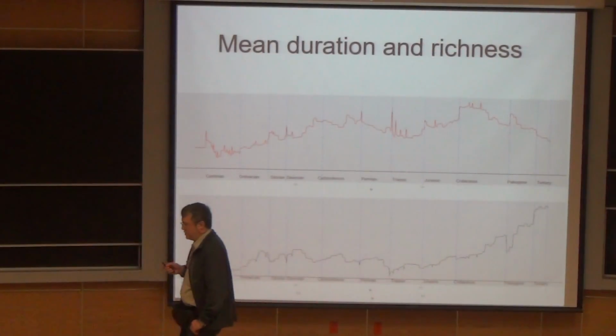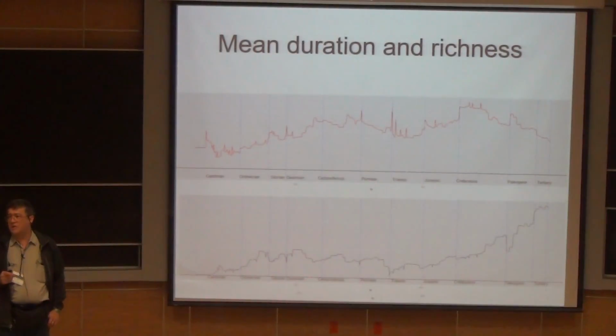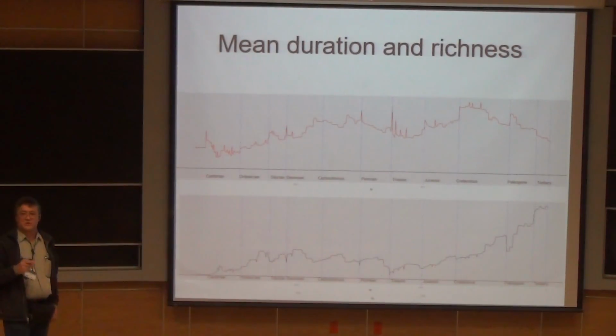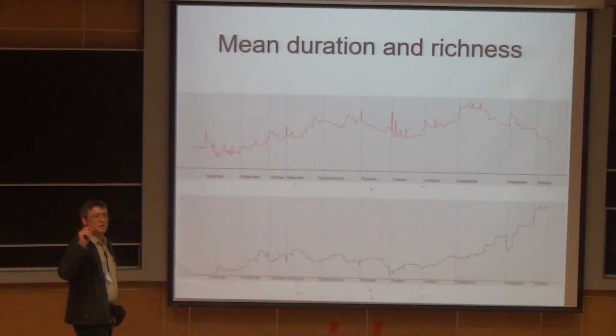But as statisticians, we all realize that the mean is only part of the story. So we're interested in what is the distribution of lifetimes for a given time, not only the mean.